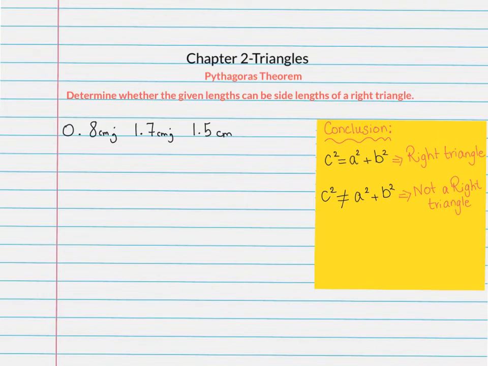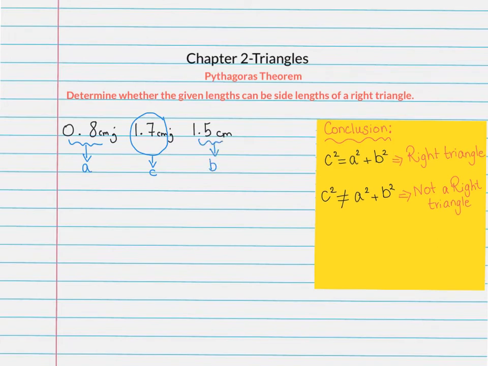If you look over here, we have 0.8, 1.7, and 1.5. The longest is 1.7, so definitely we're going to take this as our c. It doesn't matter who's a and who's b as long as we identified c.